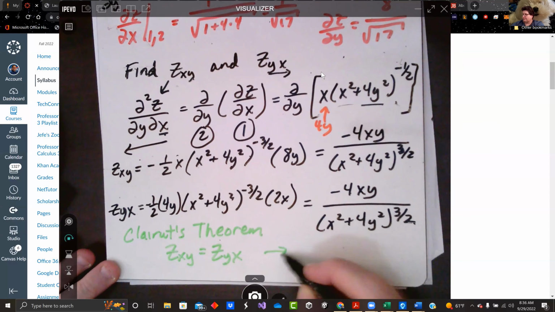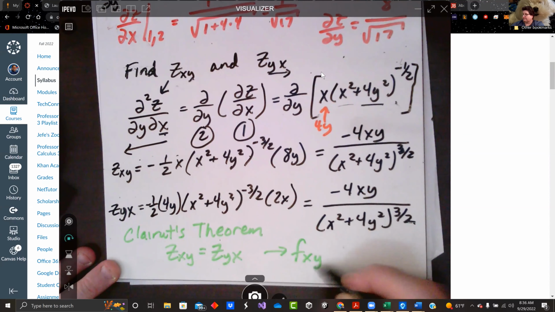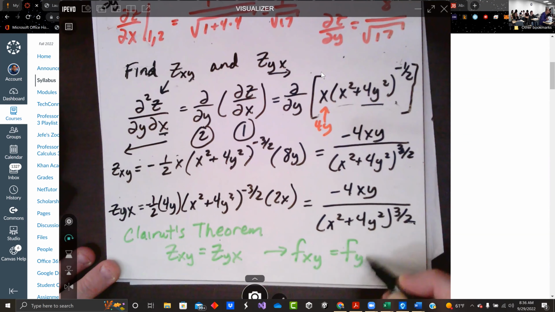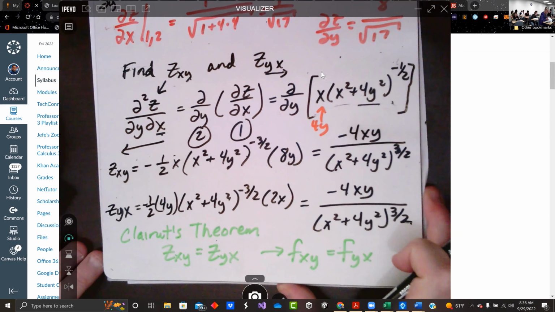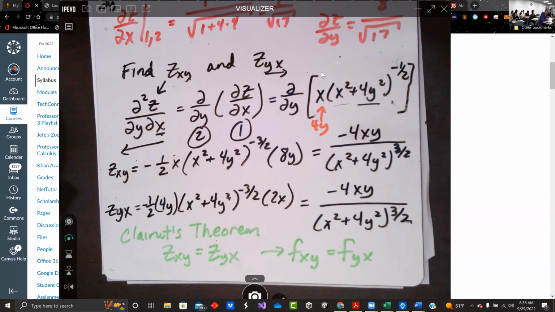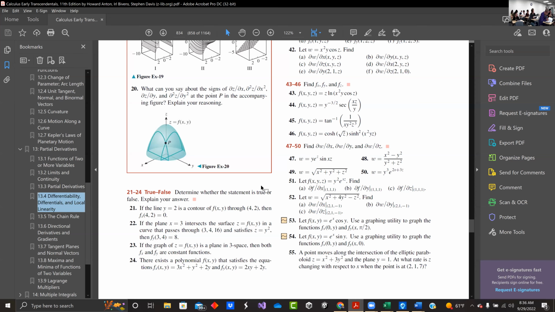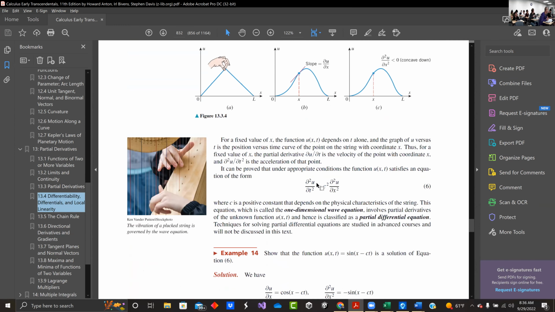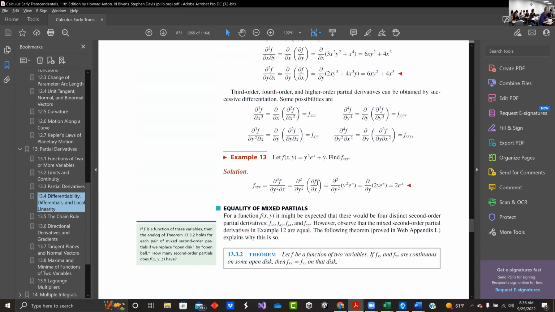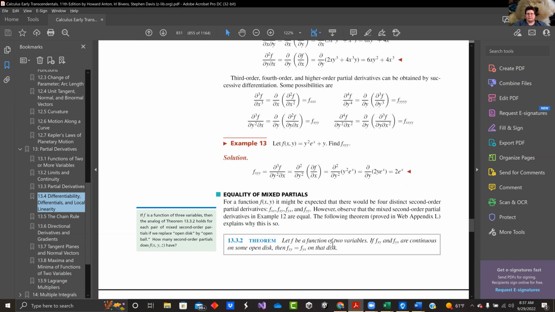Or without the Z, it might look easier with an F. They're in the book somewhere. Clairaut. Eric is wondering where Clairaut's theorem is in the book. It's at least talked about. It's right here.